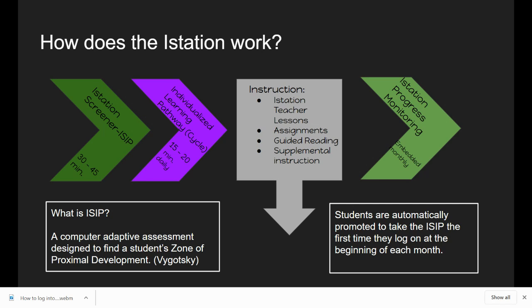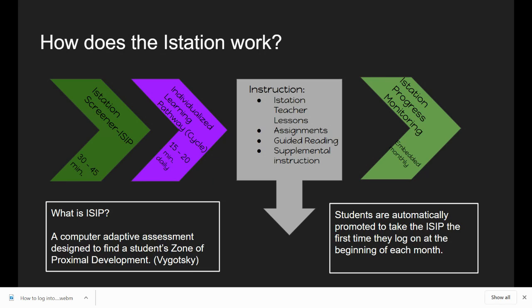Once that ISIP is complete, students are dropped into an individualized learning pathway, also called a cycle of instruction in the iStation program. Their individualized learning pathway is based on the results of their ISIP, so iStation will determine which skills students still need to work on. And that's what they'll be working on each time they log into the iStation program.